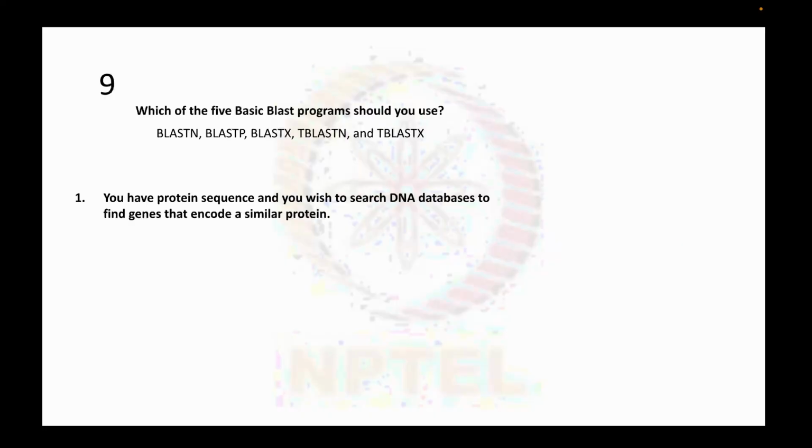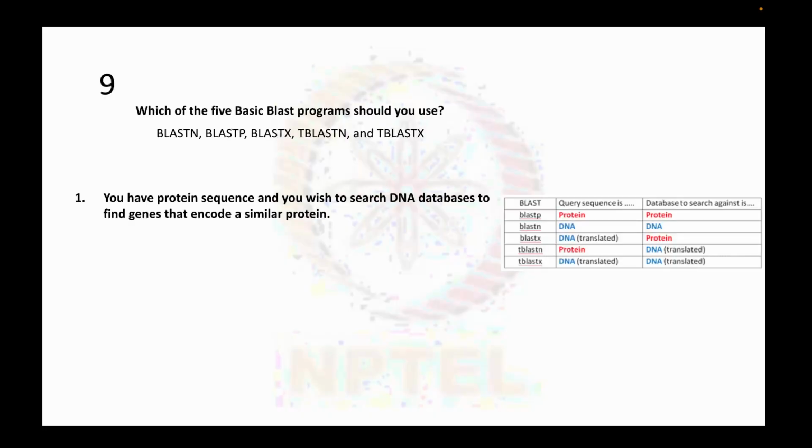Then the ninth one. So we have a protein sequence and we want to search DNA databases to find genes.